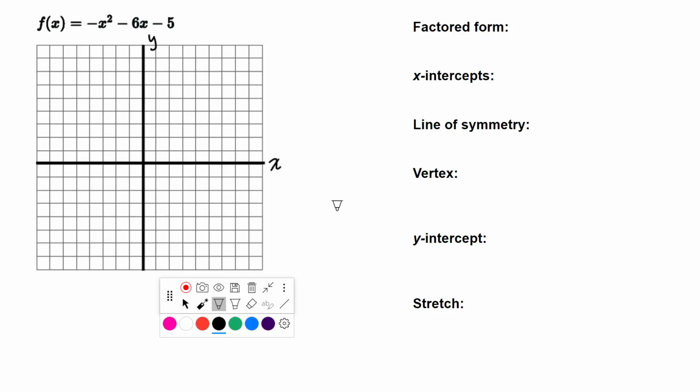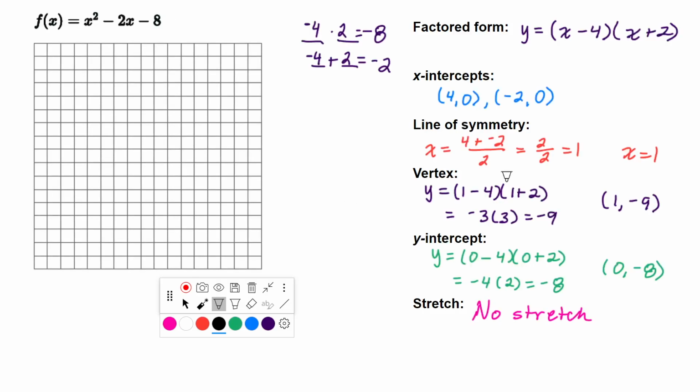Oh, I changed the screen without realizing it. Let me go back here. Here we go. Let's graph this one. I need to be able to go down 9 for my vertex, so I'm going to place that x-axis just a little bit higher.